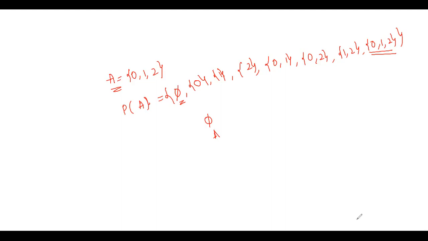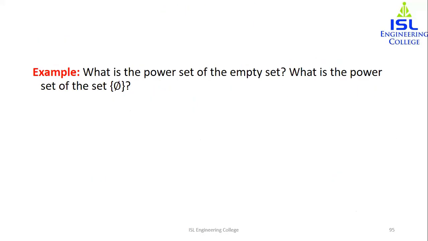now the next thing is we will see an example. What is the power set of the empty set? Okay, and what is the power set of the single set which contains the empty set? Okay, so power set of the empty set means it is asking us for P(phi), and over here it is asking us for P({phi}).